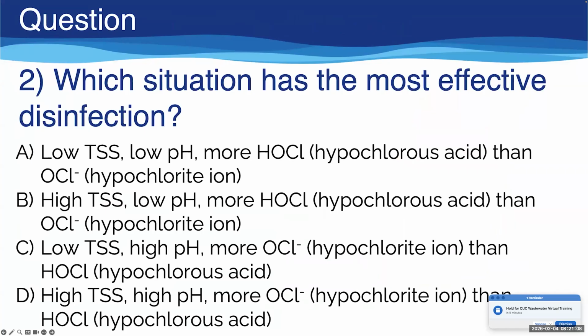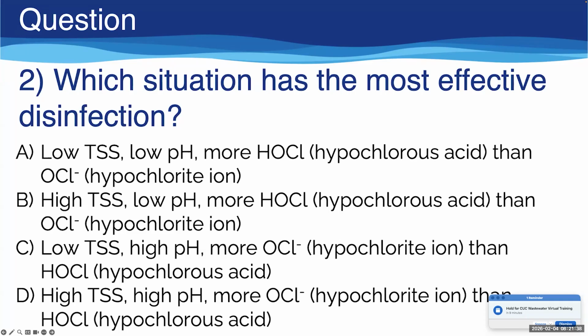Got a couple of situations listed here, and in which of these do you think is going to be the most effective for disinfection? Low TSS, low pH, and more HOCl, high TSS, low pH, and more HOCl, or low TSS, high pH, more OCl, or high TSS, high pH, more OCl.